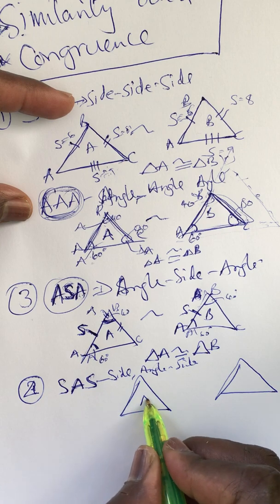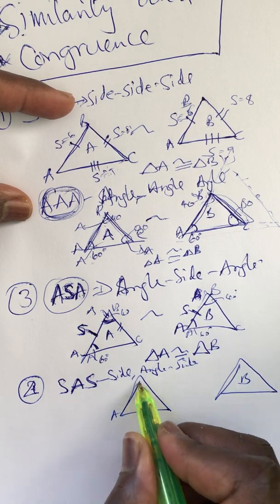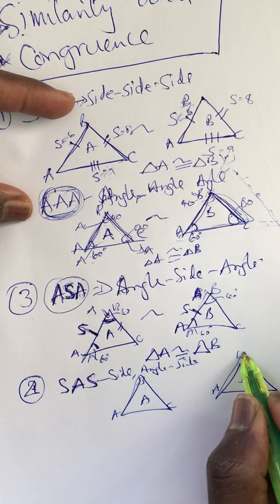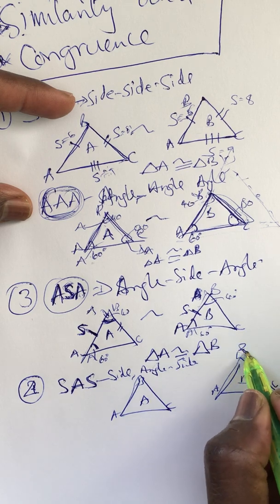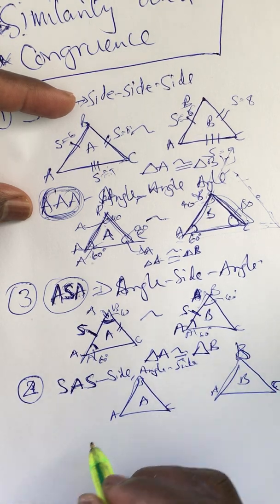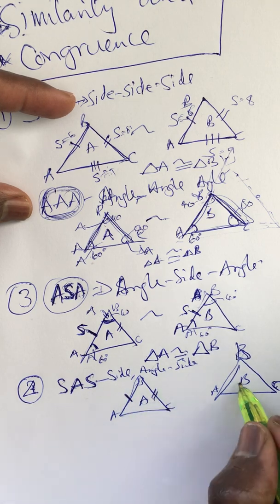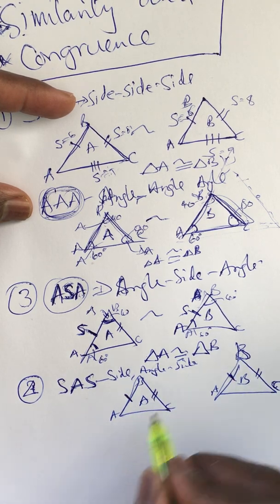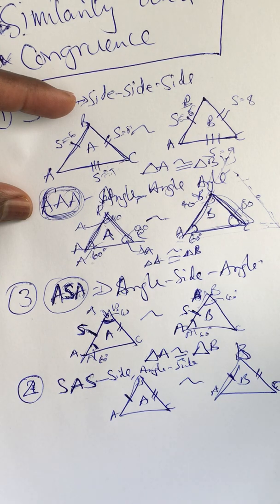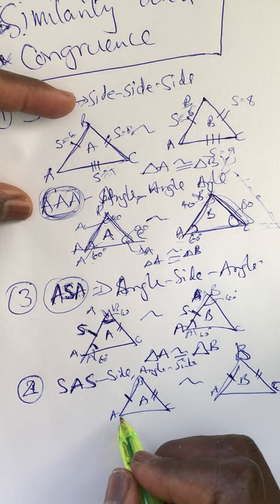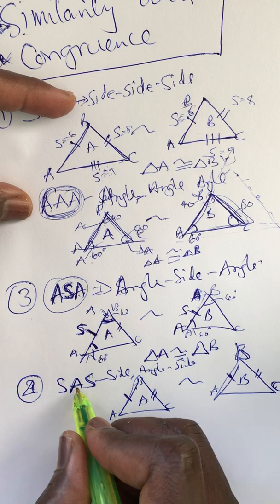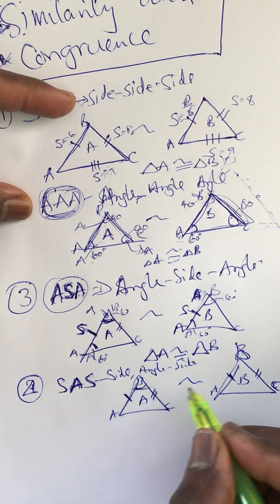So when you have two triangles, as long as we can identify two sides in these triangles, we can say that they are similar. And one angle has to be in between the sides like that.